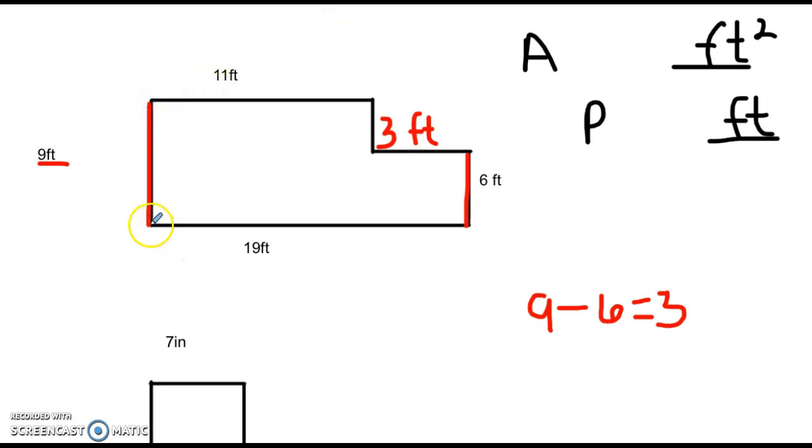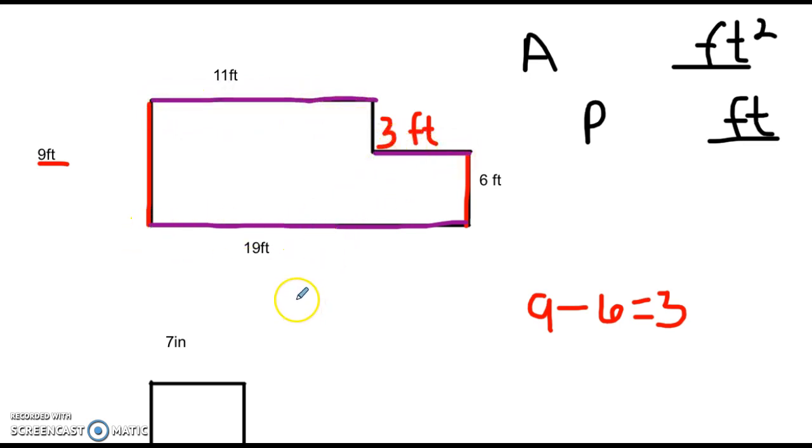I'm going to change my color pen now to, how about we go with purple. And now I notice that this total length right down here is 19 feet. I know that this 11 feet and the remainder of this, the line that is going horizontal, the same as this line, they're both horizontal, will equal up to 19.